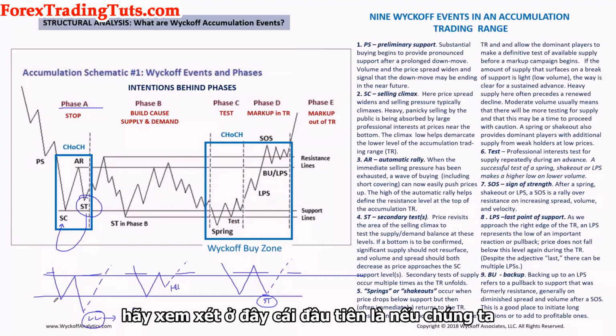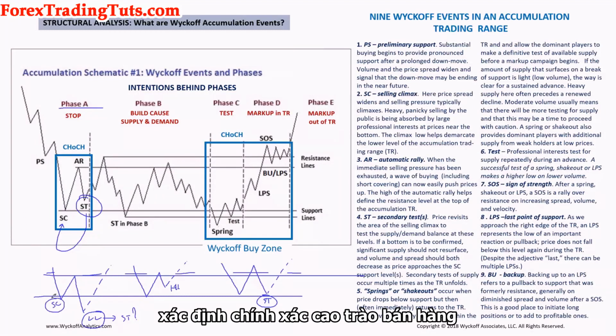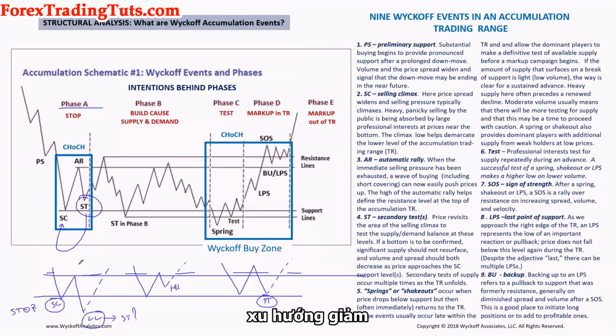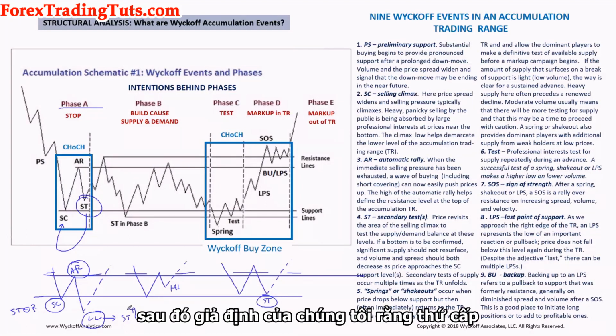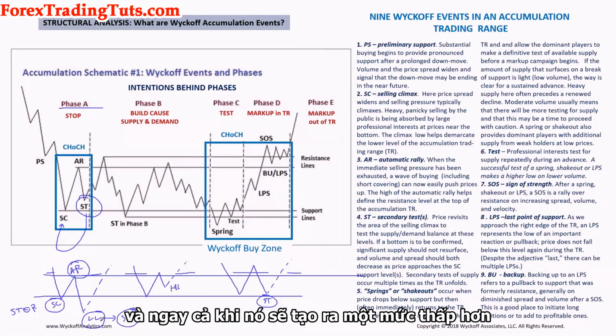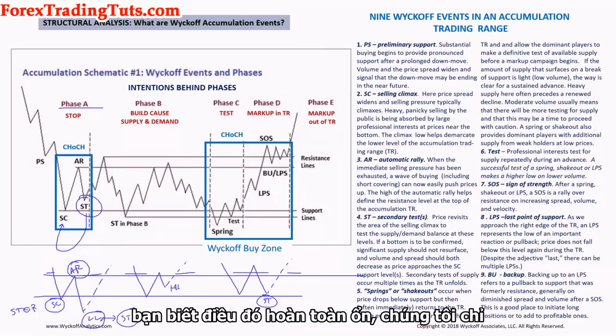The first one is if we correctly identified a selling climax, which is going to be a stopping action to a downtrend, and then we correctly identify the characteristics of the automatic reaction, or rally rather, in the accumulation. Then our assumption that the secondary test is going to come and it's going to be confirmed is probably very high. And even if it's going to create a lower low, that's totally fine.